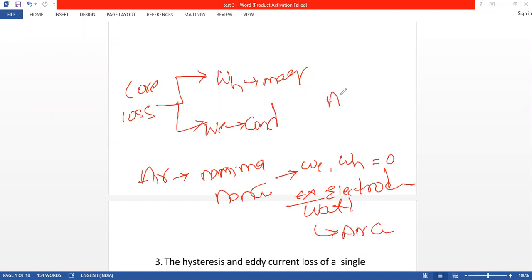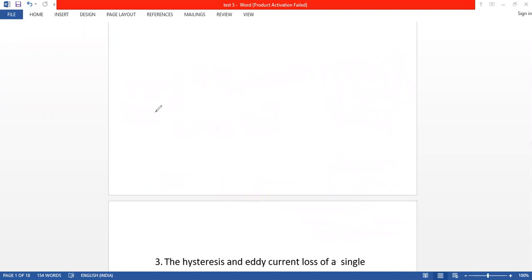Suppose you use aluminium, a paramagnetic material, meaning non-magnetic but conducting. So it will have hysteresis loss almost zero, but eddy current loss is very large. Hope you are able to connect this point.